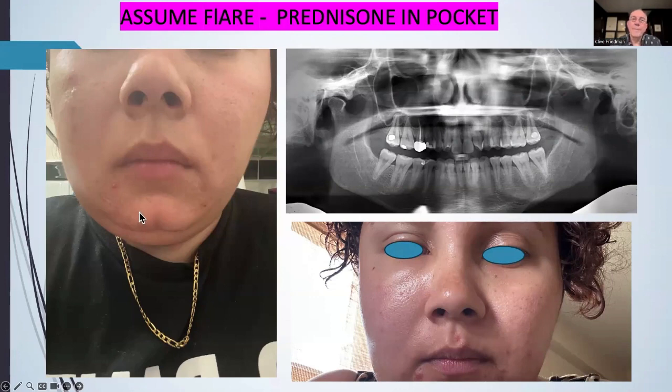She was complaining about pain in the right area of her jaw, and went to the dentist and was placed on an antibiotic. She went to her primary care physician, was placed on an antibiotic because the pain did not go away.